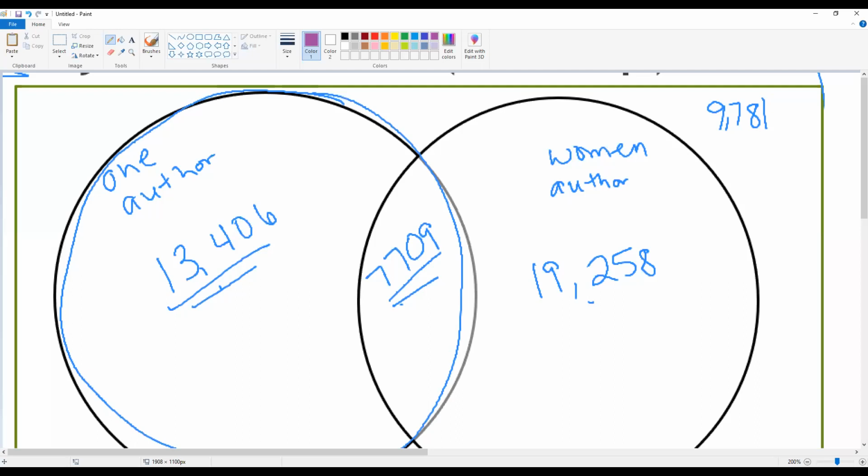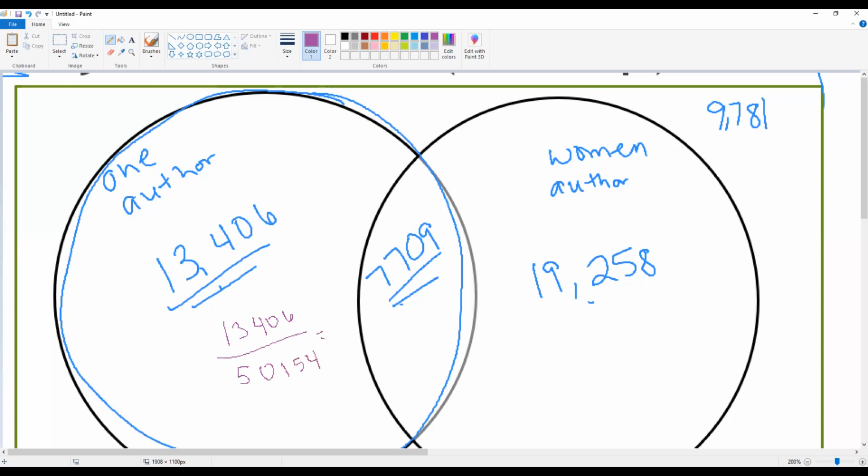All right, so here's our Venn diagram. And so to find the percents, we're going to take the total numbers that we had and divide each piece by the total. So for the one author, we're going to take our 13,406 and divide it by the total number of articles, so the 50,154.